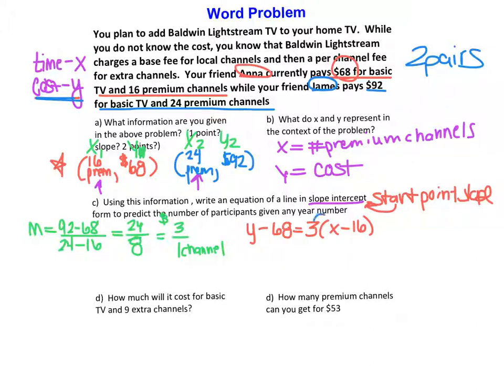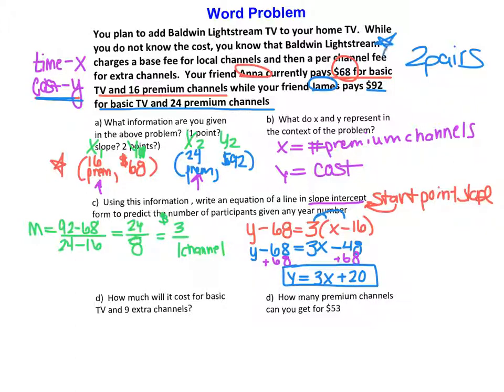So I'm going to start by utilizing the distributive property. So I have y minus 68 is equal to 3x minus 48. Then I need to get the y alone, so I add the 68 to each side, and I find the equation y equals 3x plus 20. So that's my equation for this situation, written in slope-intercept form.